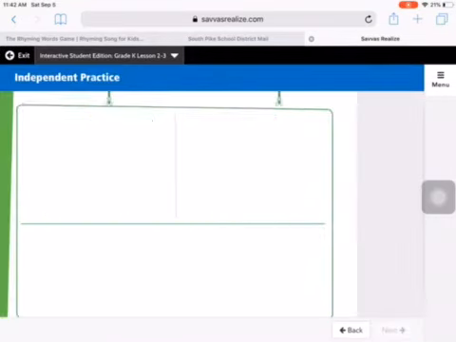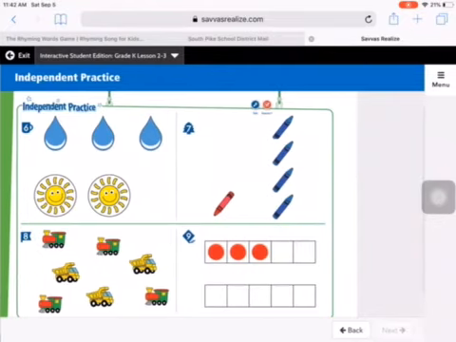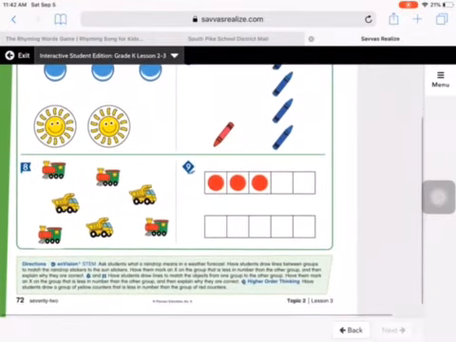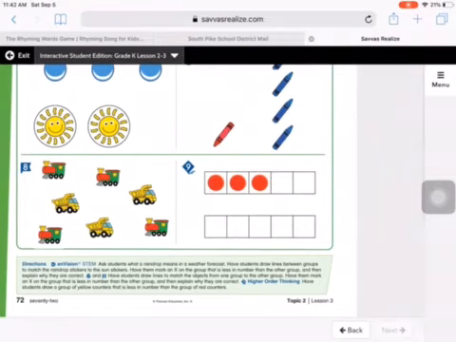Okay. For our independent practice, we have numbers 6 through 9. So for number 6, you're going to ask the students what a raindrop means in a weather forecast. Have the students draw lines between groups to match the raindrop sticker to the sun sticker. Have them mark an X on the group that is less in number than the other group, and then explain why they are correct.